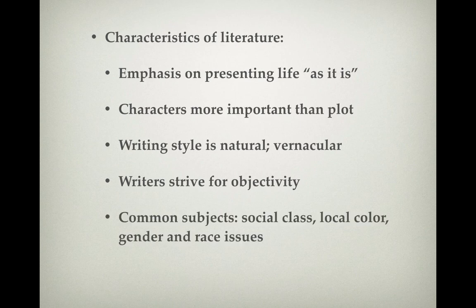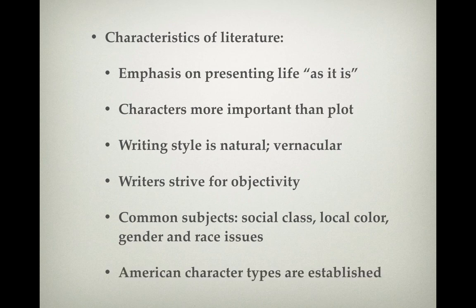Some common subjects in this literature, we'll see social class is a big one. Local color, we'll talk about that. And then obviously gender and race issues are coming to the forefront in this period in American history. And then finally, and this is really fascinating to me, we see some American character types established.